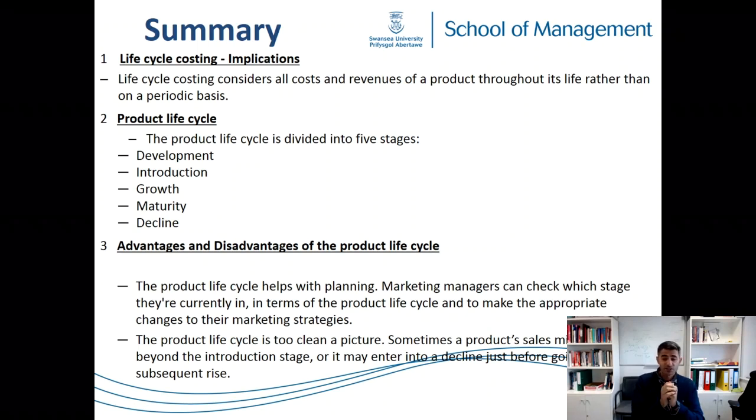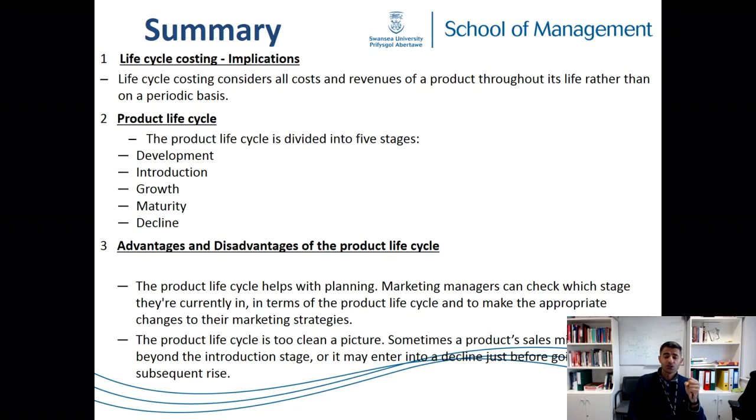That is called the extension stage, and after that, of course, comes the decline. In terms of advantages and disadvantages, remember that product life cycle costing is really important, because as a business, it helps with planning.